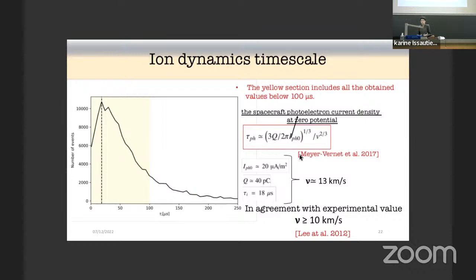Also, here we could use those values that we obtain to estimate the speed of the propagating ions. So we use this equation that was described for the first time in the Meyer-Vernet paper from 2017. Assuming that the spacecraft photoelectron current density is around 20 micro, and this is the total charge, that is the typical value, the median value for the total charge that we obtain, and this tau e is basically this value here.